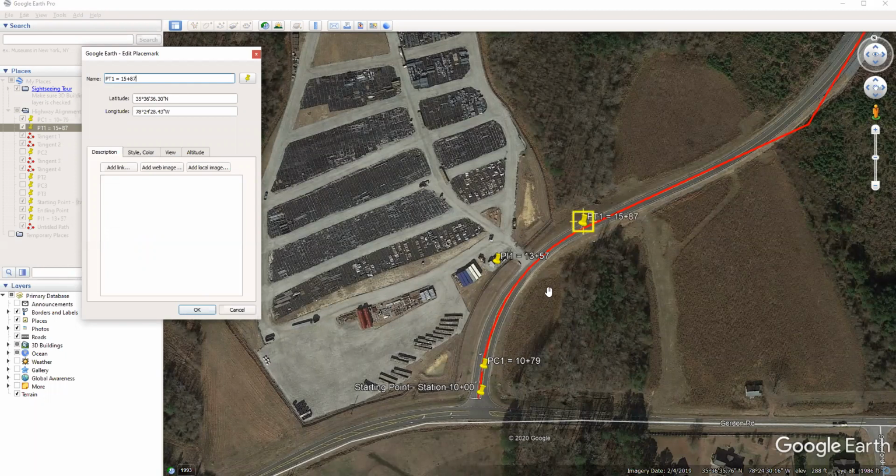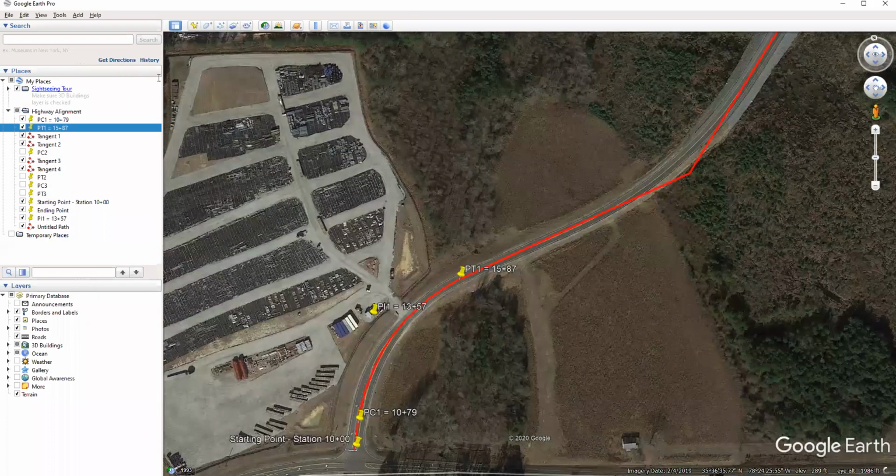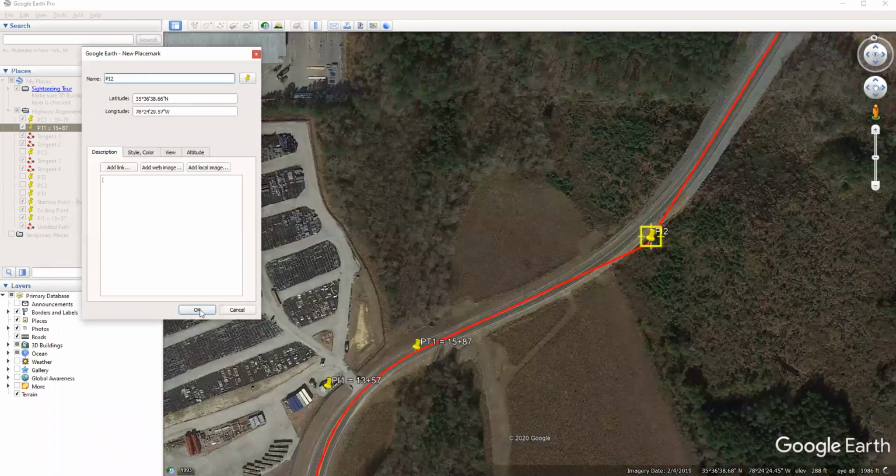So next we can move along and establish our PI2, the station of our second point of intersection. So that occurs right here. We're going to have to determine what that station is based on the distance from PT1.